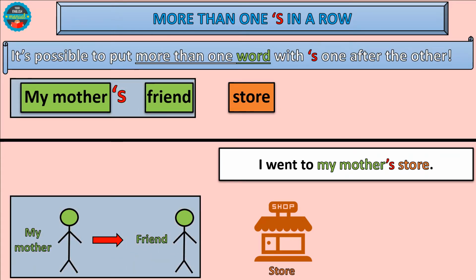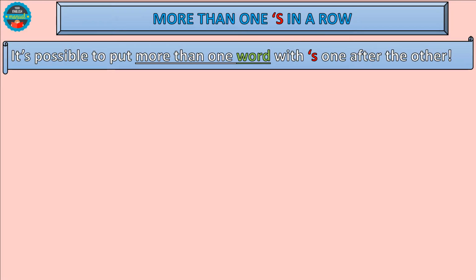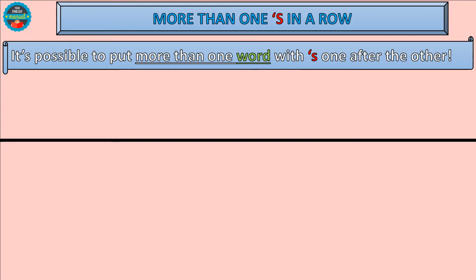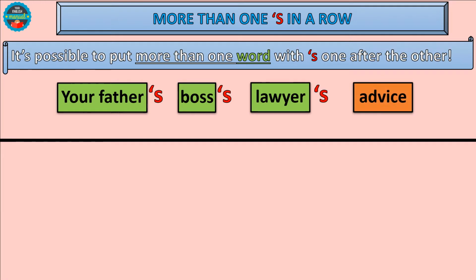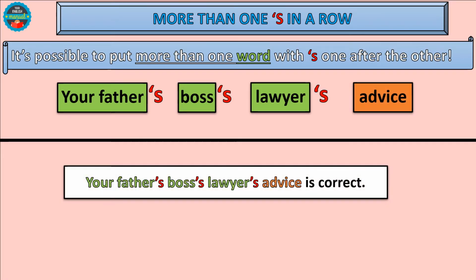Then, in that case, the sentence would be, I went to my mother's friend's store. Weird, right? But this structure is grammatically correct. In theory, we can give examples with even more than two possessives. We could say, for example, your father's boss's lawyer's advice is correct.